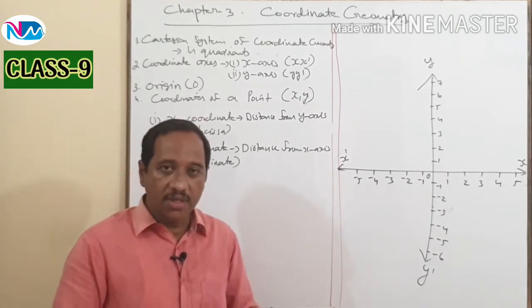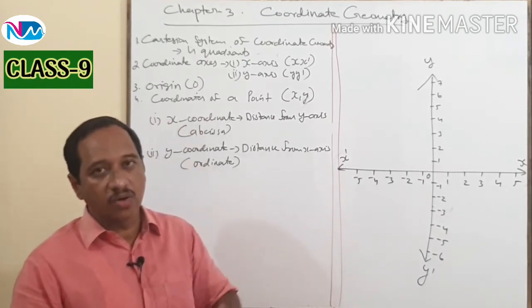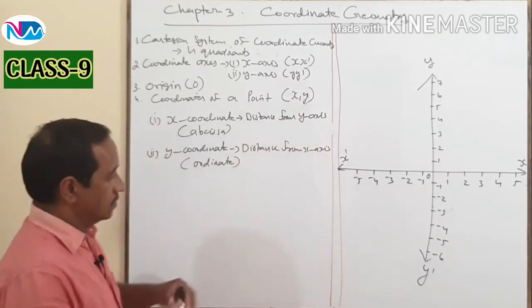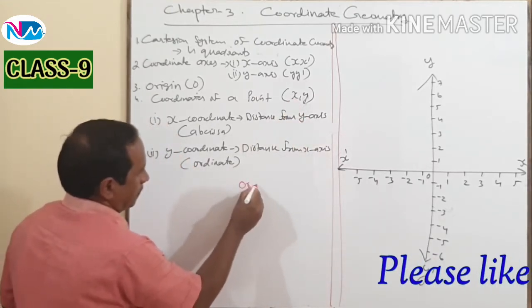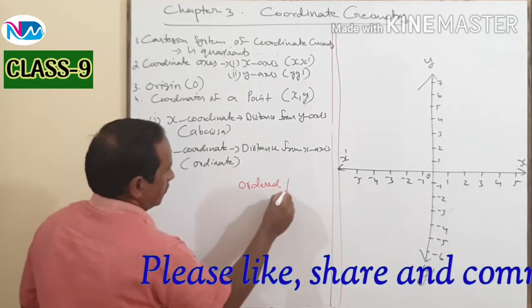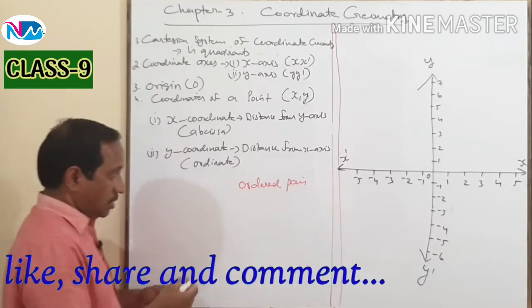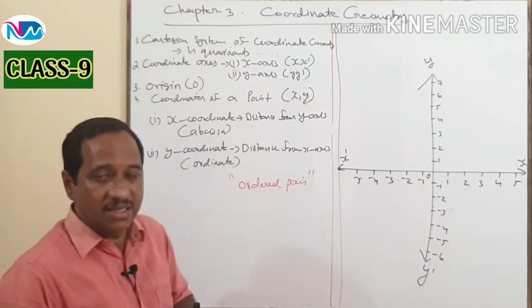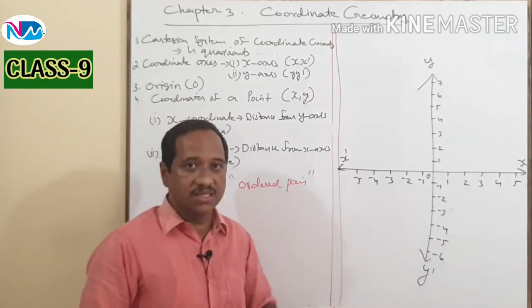If you are given the x-coordinate and y-coordinate of a point in the form of an ordered pair, then you can locate that point in the Cartesian system.